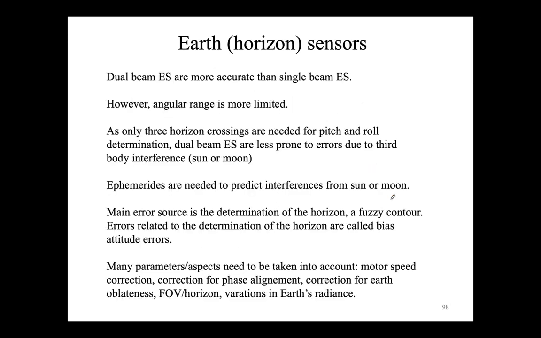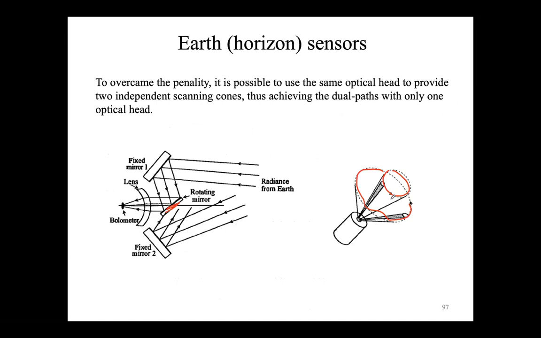So what we are going to conclude today is a configuration of the instrument. So this is the bolometer, this is the sensor, and this is the lens that focuses the dual scanning of the instrument onto the sensor itself, that enables one instrument to do what two Earth sensors can do in principle.